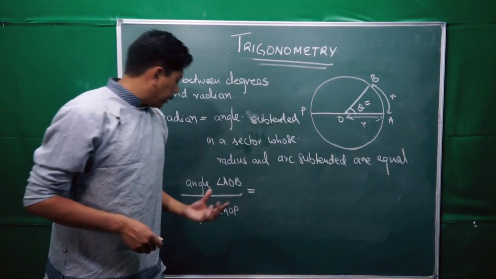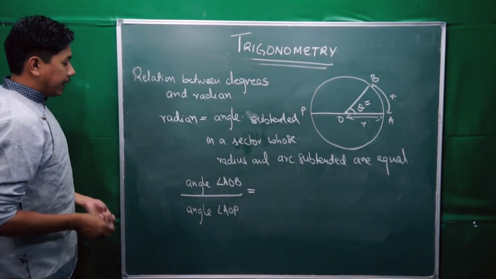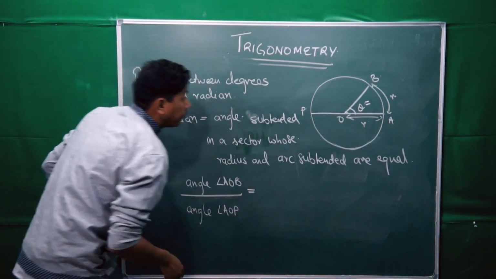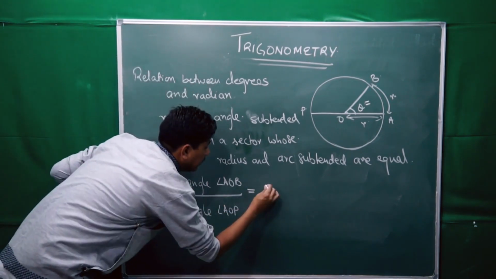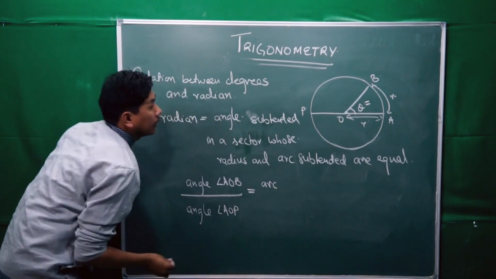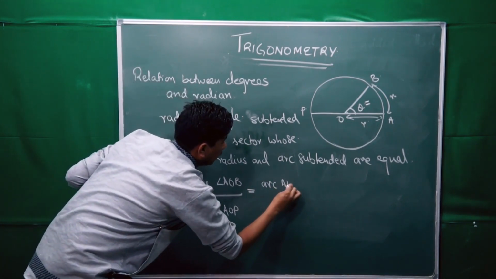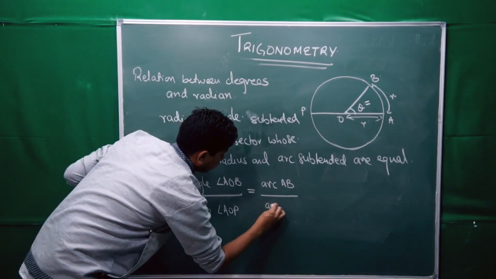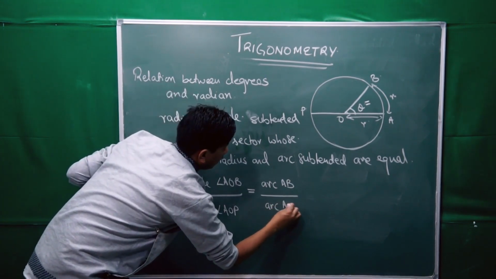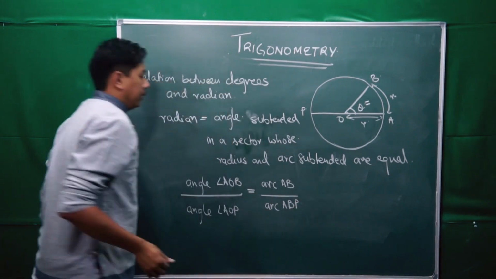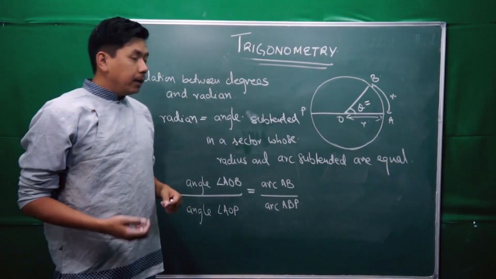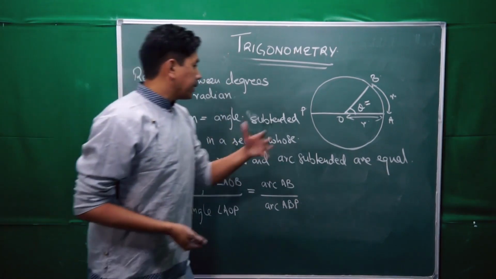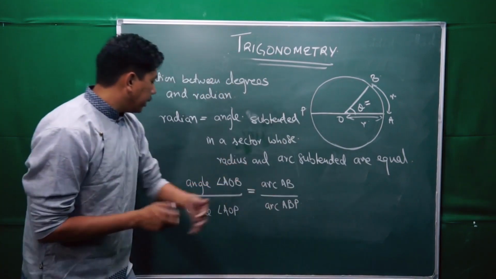Therefore, in terms of the ratios, we can say that this is equal to arc AB upon arc ABP. Clear? Since this is a part of the same circle, the ratios are equal.